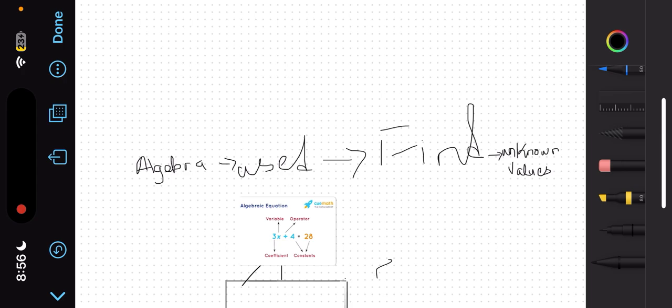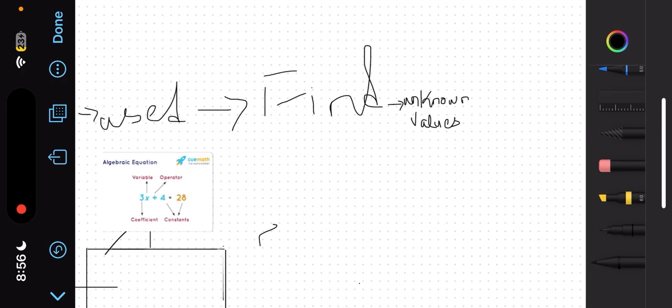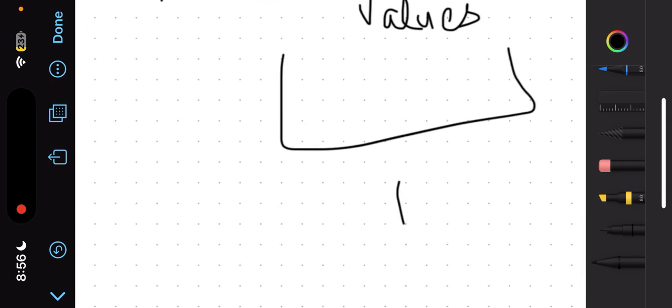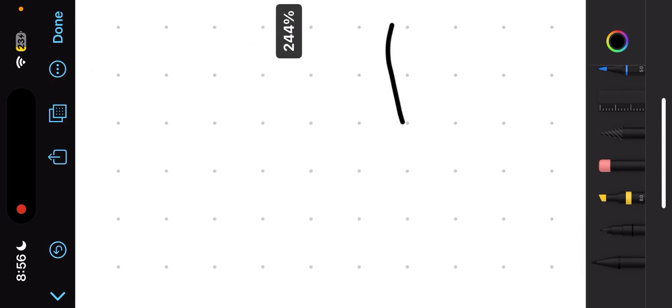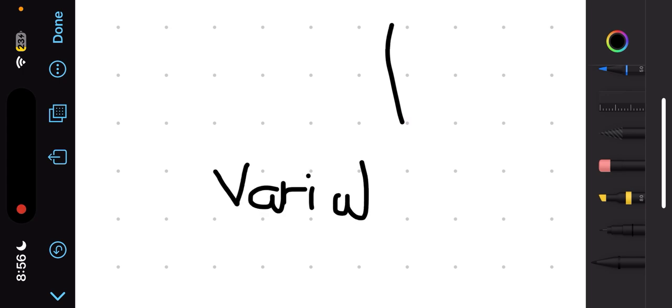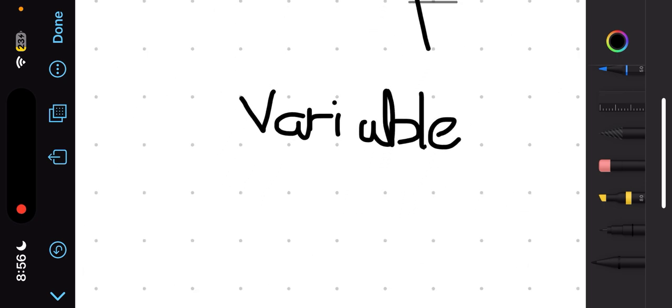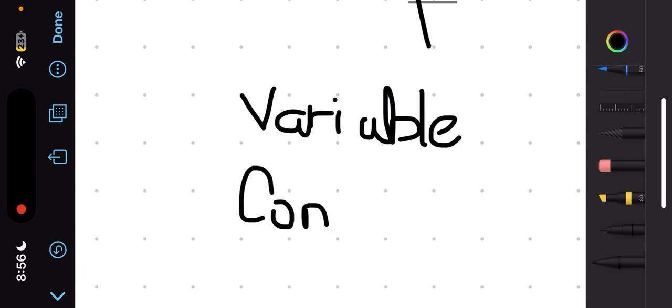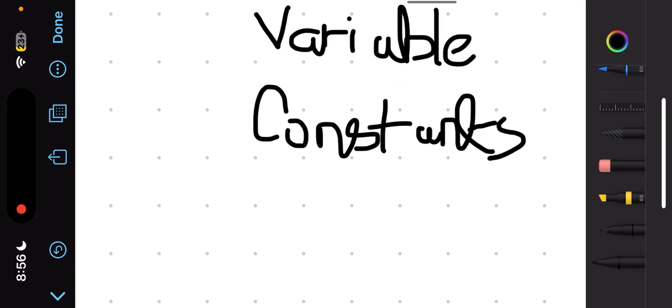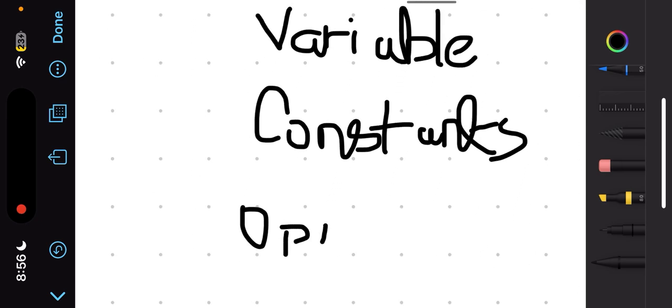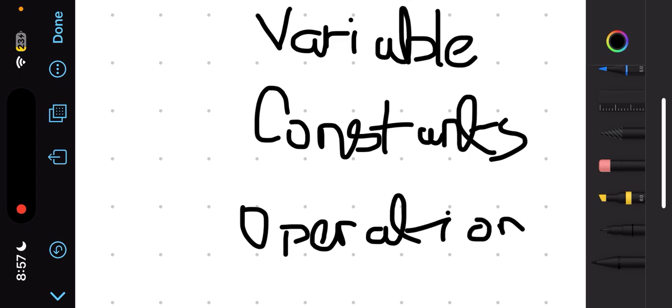Unknown values could be variables, constants, operations.